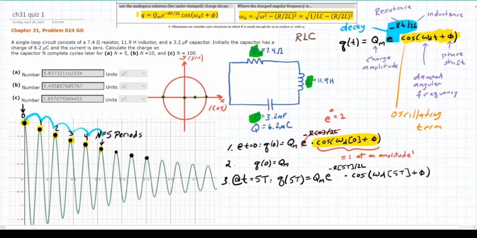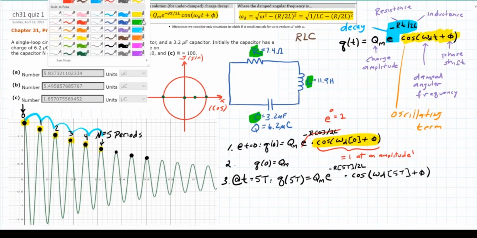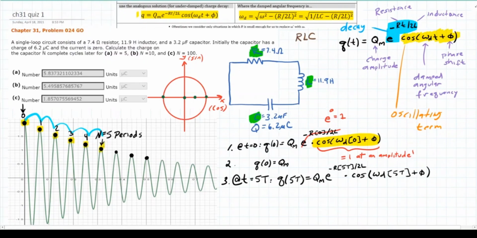And this still remains low-hanging fruit because I am tasked with looking at what's happening at n equals 5 periods. So I'm at a maxima point, which means this term once again equals 1.